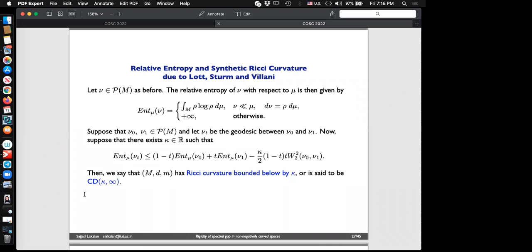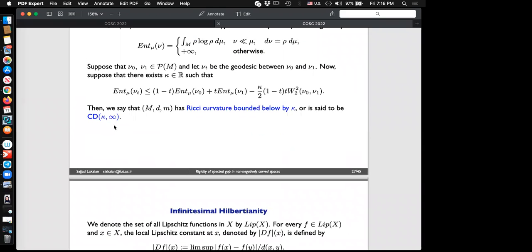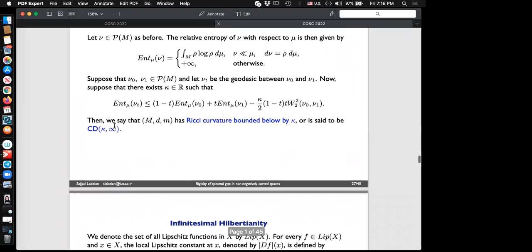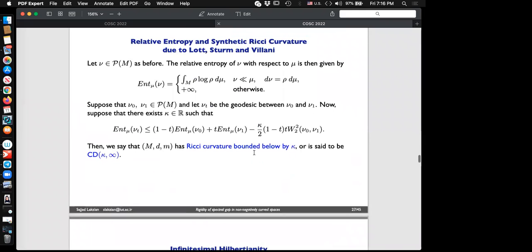And for that reason, we call this CD(K,infinity), which means it doesn't say anything about the upper bound on the dimension, but it says that the lower bound cannot be less than k. If you want to be more precise and get an upper bound for the dimension, then this convexity has to change. And for the entropy, we have to use Renyi entropy. And this convexity takes a much more complex form, but it's manageable.